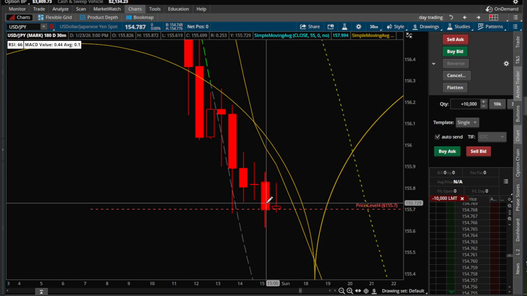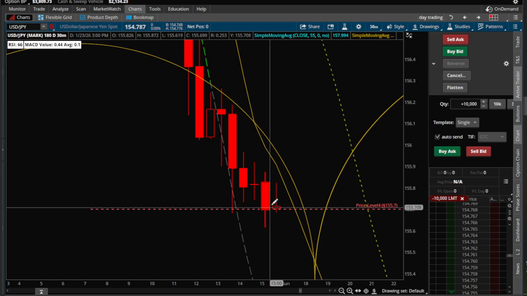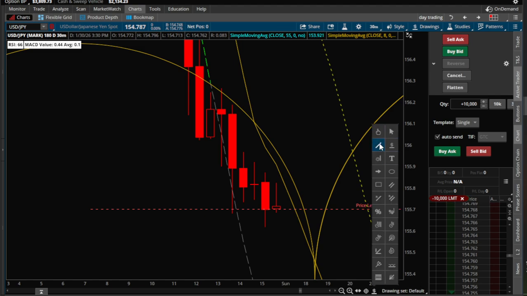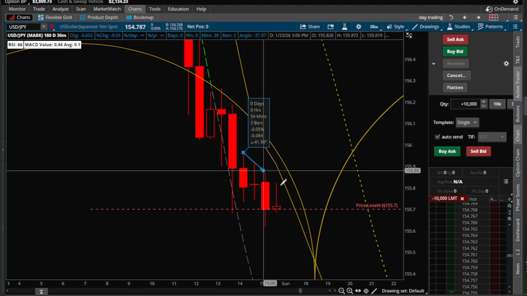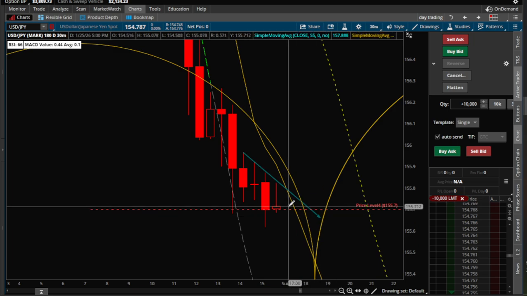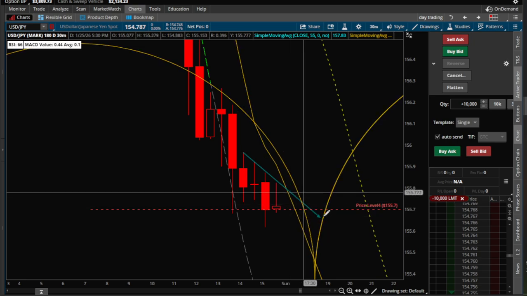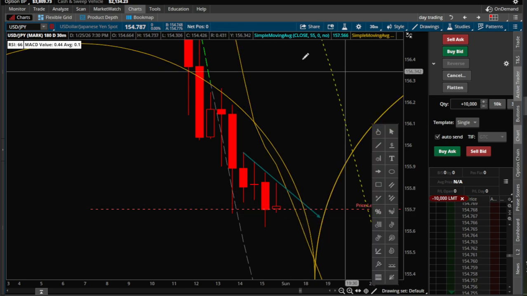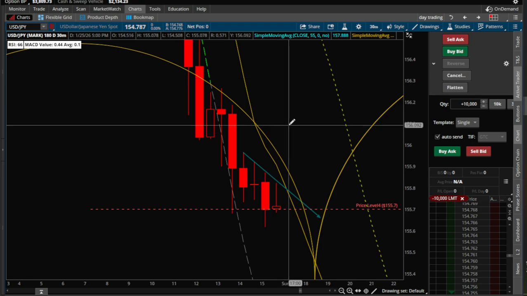And then let's draw a trend line right here. So if it breaks this trend line, that would be your stop loss. That's how I would play it for a 30-minute time frame.